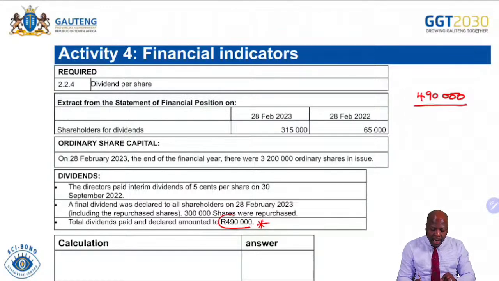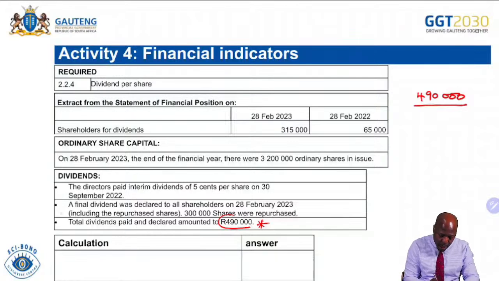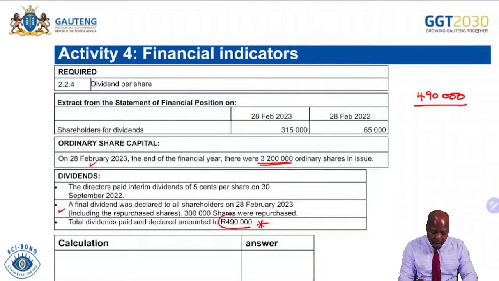All right, but it is very important to understand what they said here in bullet number 2, that a final dividend was declared to all shares, including the shares repurchased. So shares at the end on 28 February were 3.2 million. This is after the repurchase of 300,000.